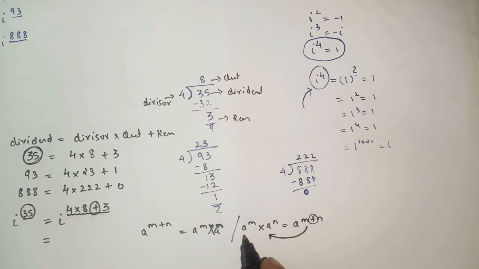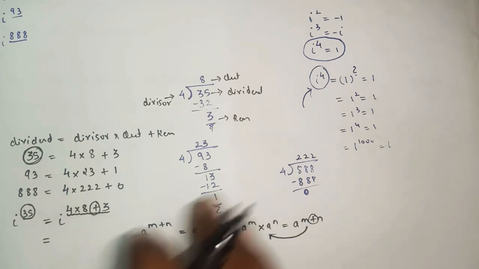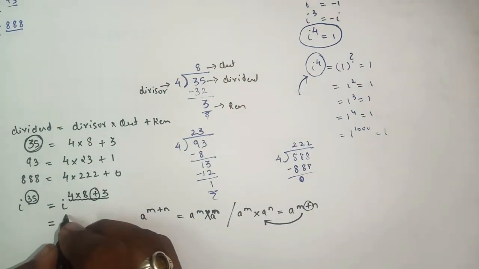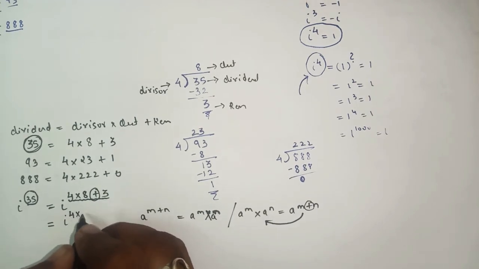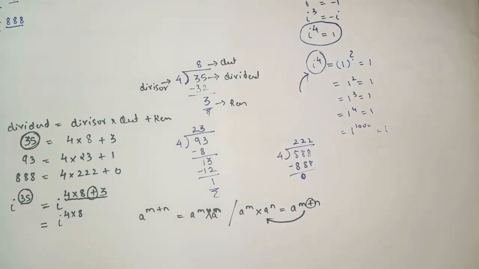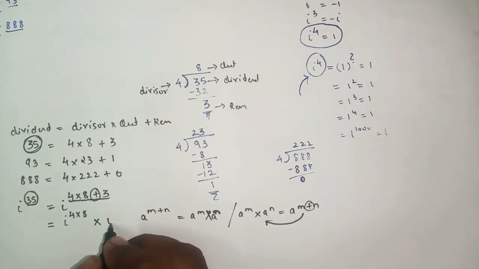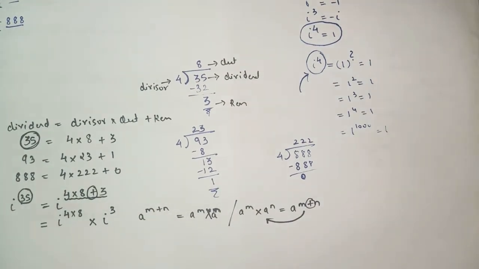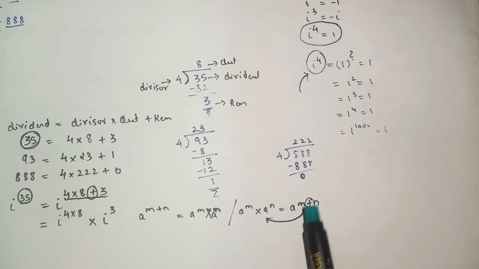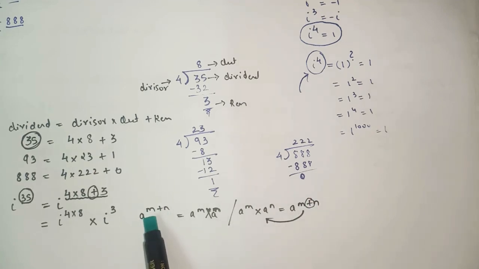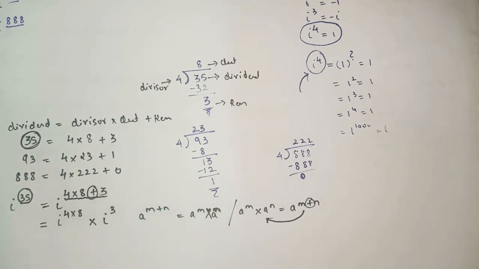So this can be written as i raised to 4 into 8, into i raised to 3. Here I applied the formula a raised to m into a raised to n equals a raised to m plus n, or a raised to m plus n can be written as a raised to m into a raised to n. Got the point? Understood?